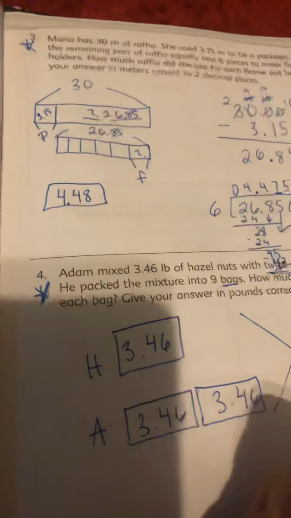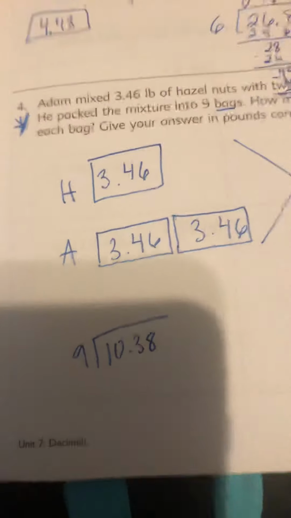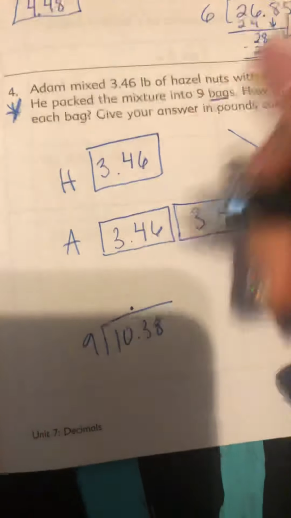So then all I need to do is divide 10.38 by 9, right? So again, kind of foreshadowing for tomorrow, this means that I just need to bring up my decimal and do it just like normal.